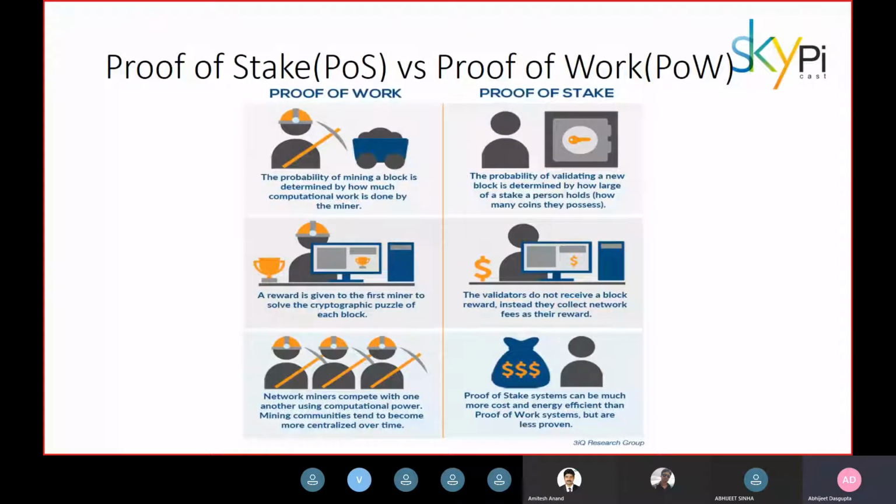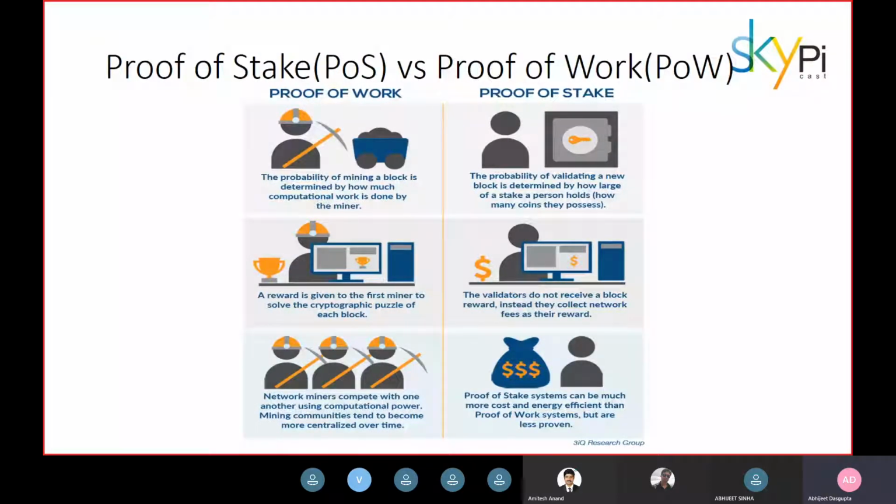On the other hand, in proof of stake, these miners are generally known as validators. In proof of stake, the probability of validating a new block is determined by how large a stake a person holds, which in turn translates to how many coins they possess.